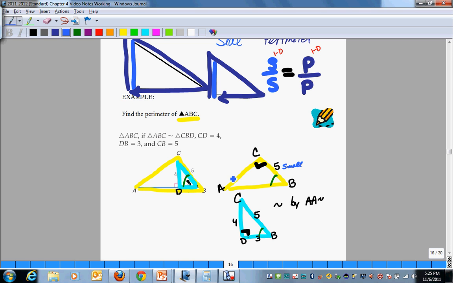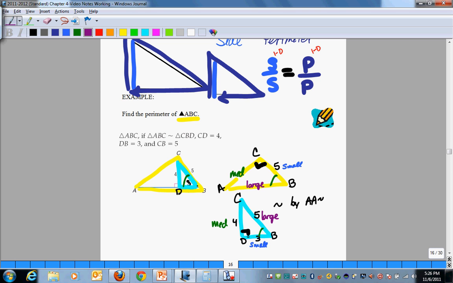This is our medium side. And this is our large side. In this triangle, our small is going to be 3, our medium is going to be 4, and our large is going to be 5.